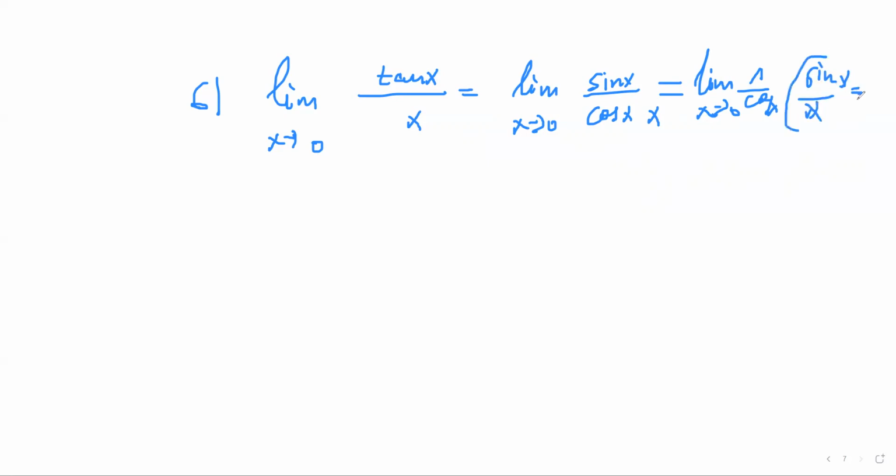This limit is 1, it's the first wonderful limit. So we get the limit of 1 out of cosine x times 1. Instead of x, we write 0 and get 1 out of 1. So the answer is 1.